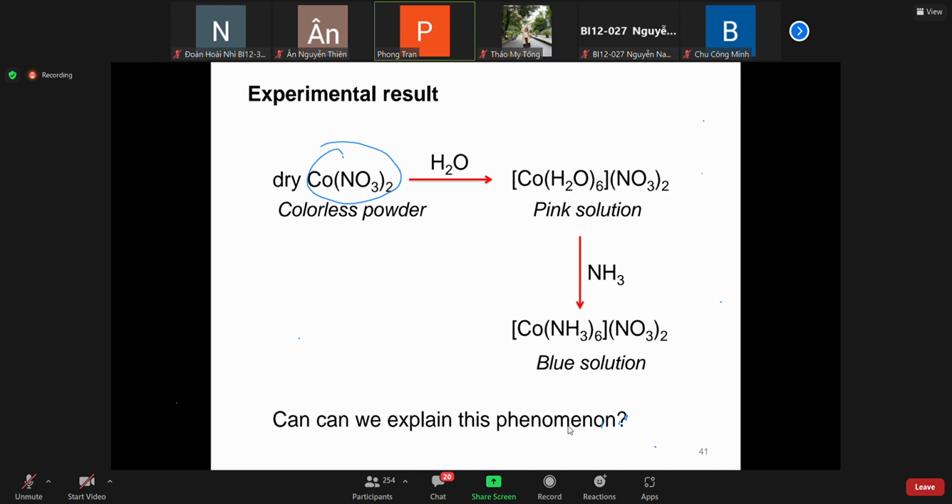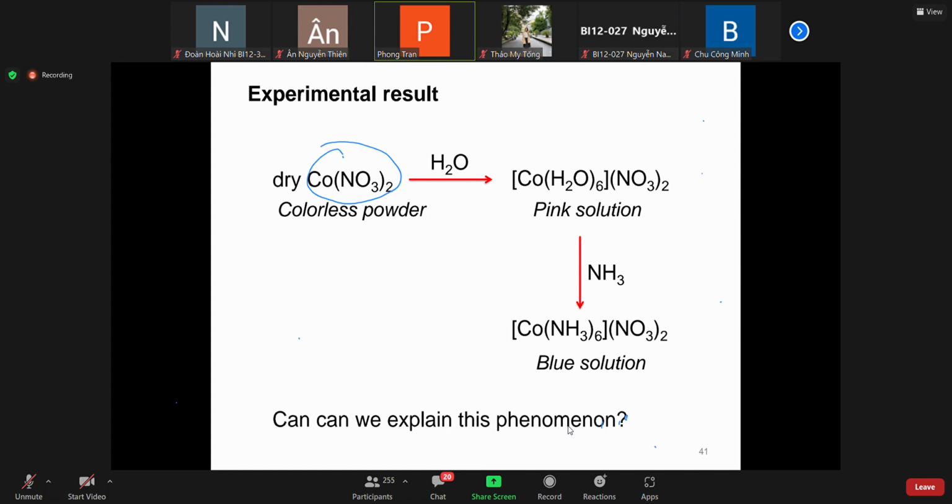But if you put this compound in water, it will have a pink solution. Does that mean you can start to observe the color? And then if you drop NH3 into this solution, you change the color from pink to a blue solution.